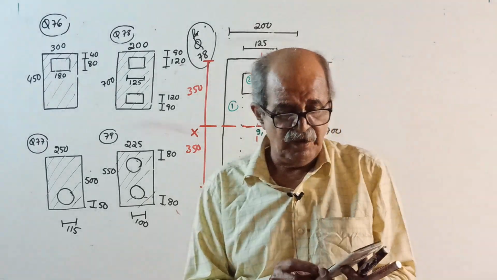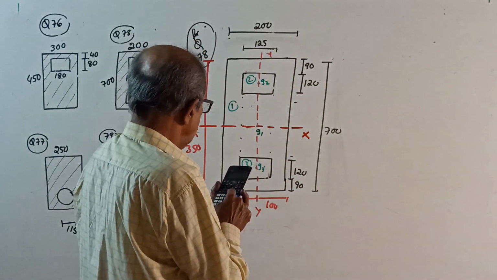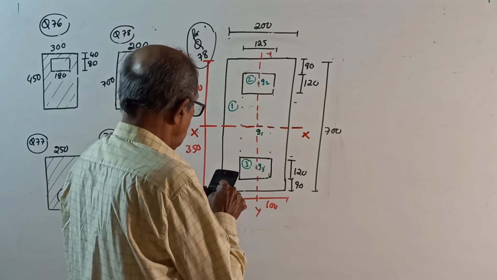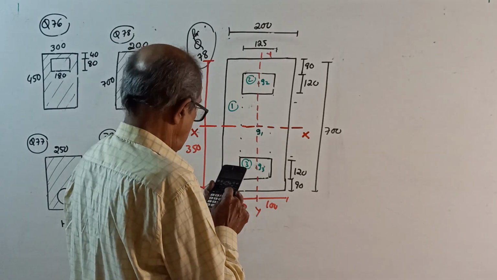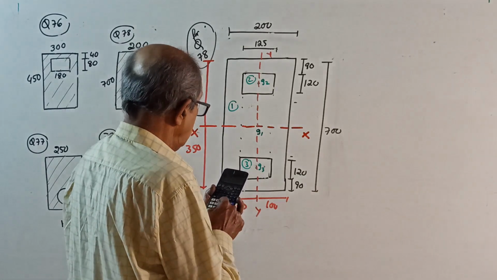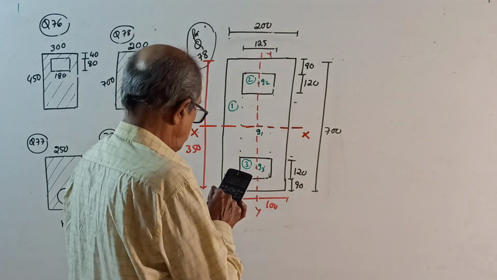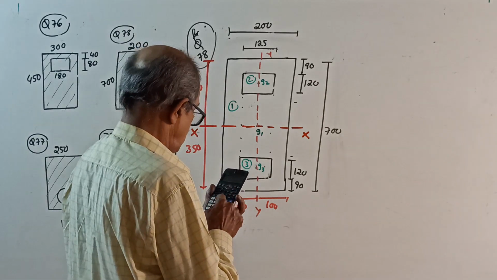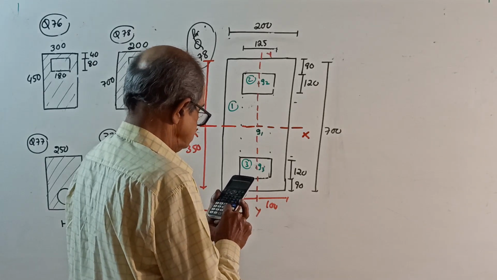I have not calculated. I will calculate now. Not a big issue. That is 125 into 120 cube divided by 12. Now you calculate correctly. I won't explain. Then 125 into 120 into bracket 350 minus 90 minus 60 close square, into 2, into minus 1, plus 200 into 700 cube divided by 12.